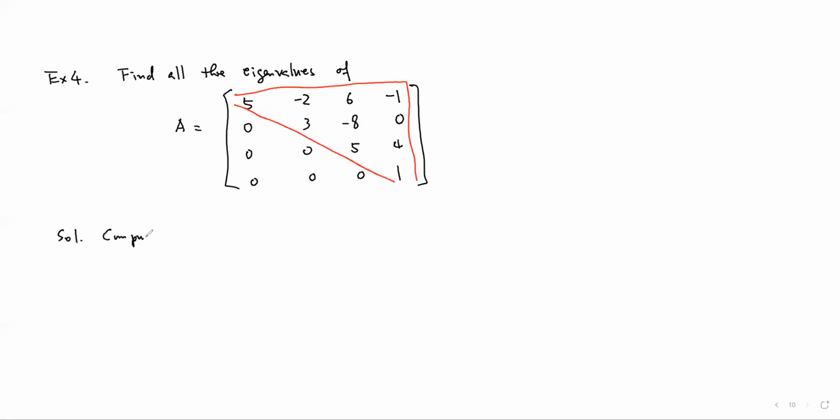Compute the determinant of A minus lambda times I, the characteristic polynomial. Then this is 5 minus lambda, negative 2, 6, negative 1; 0, 3 minus lambda, negative 8, 0; 0, 0, 5 minus lambda, 4; 0, 0, 0, 1 minus lambda.